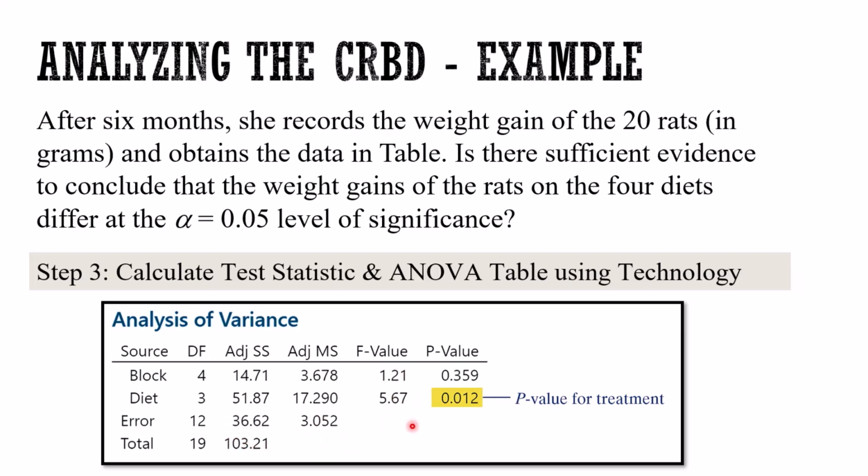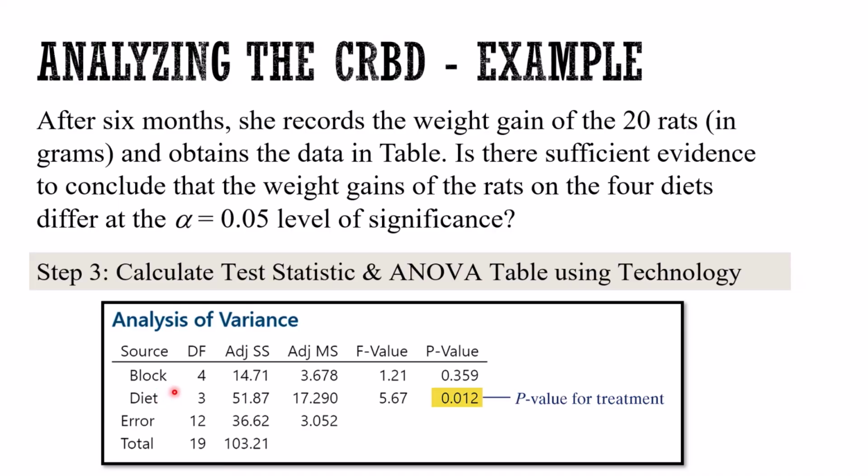Some of them will already be familiar to you from our study of one-way ANOVA, but here in the first column, we always put our sources, and because this is a block design, we have a row for the block. There were 5 blocks, right? 5 mother rat blocks.